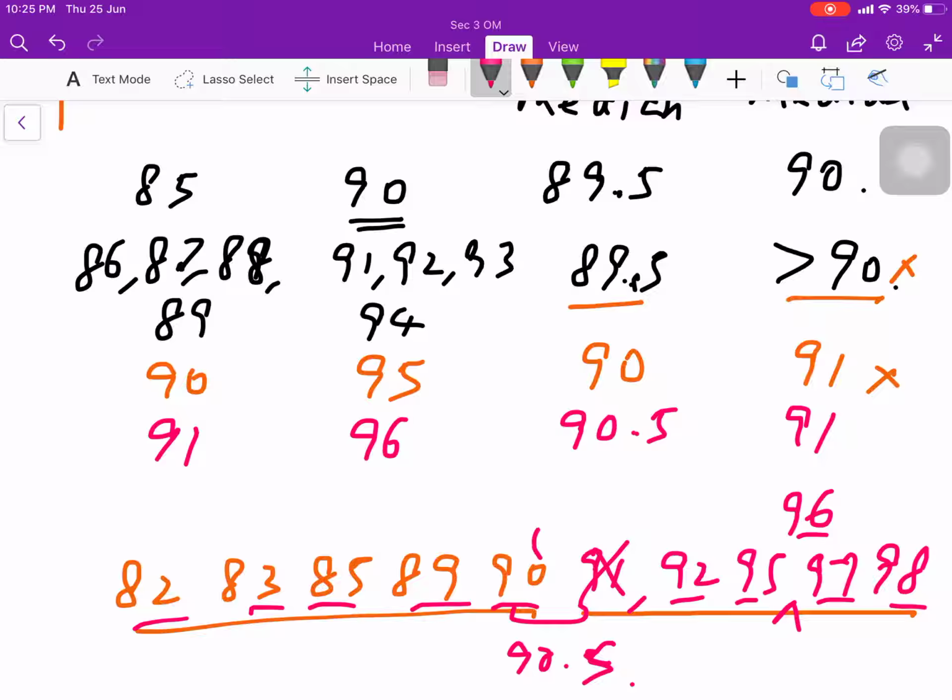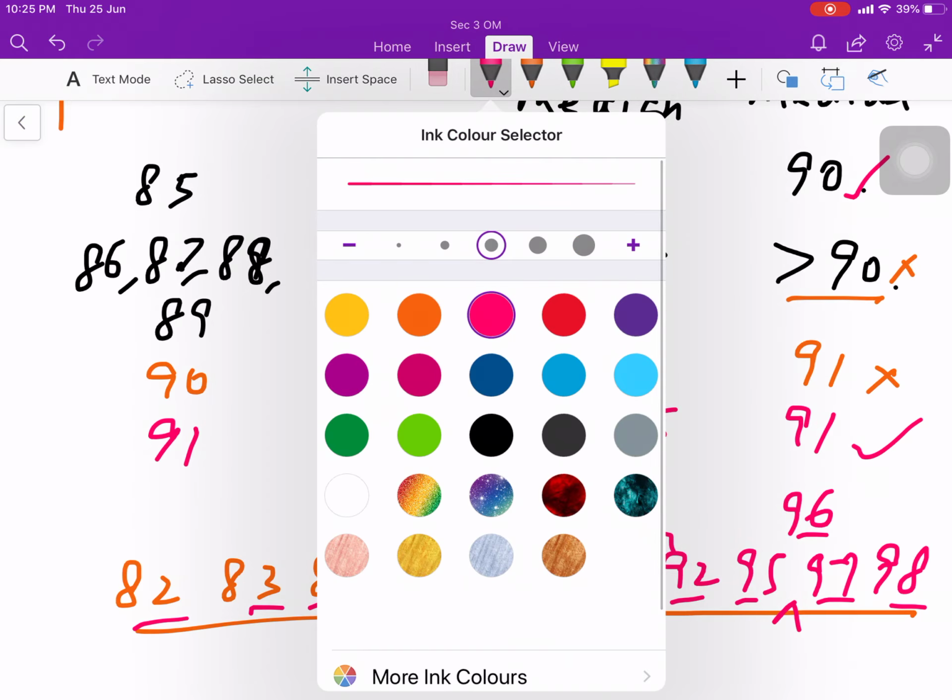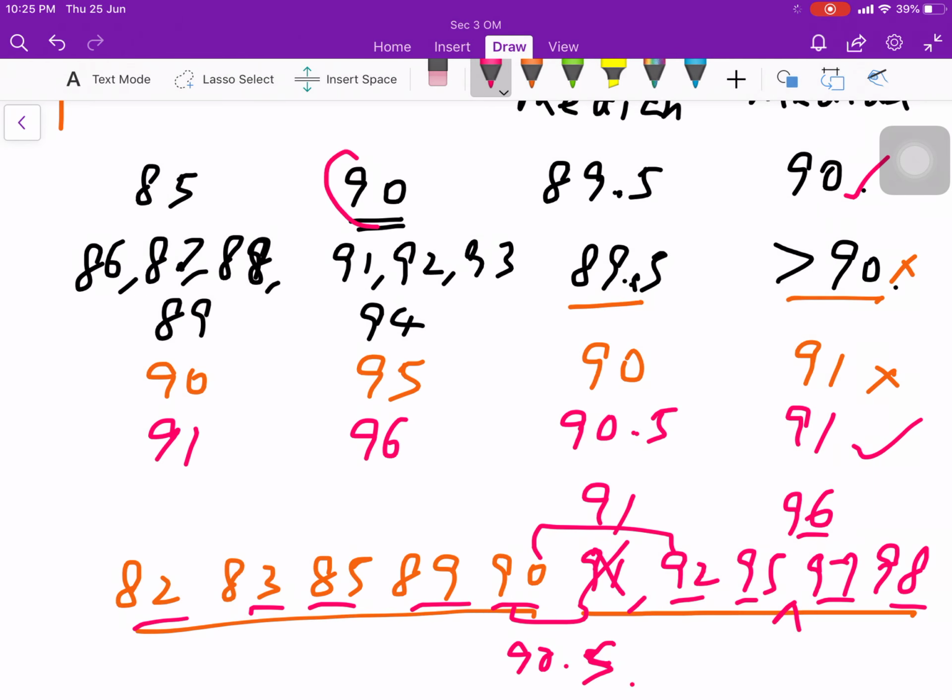Therefore, what is the new median? The new median will be 91, right? Therefore, this is correct. Therefore, the sum of the 2 possible scores, take note, we are talking about the revised score, right? Therefore, the revised score is 90 and 96, right? Then the median will increase by 1.